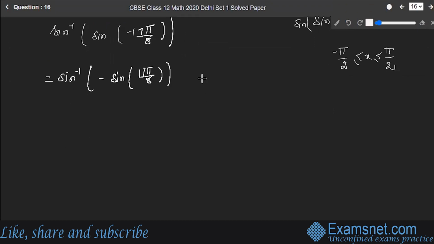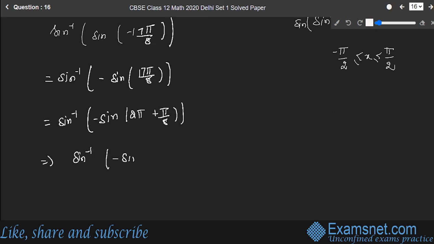This can be written as sine inverse minus sine 2 pi plus pi by 8, right? You know, sine 2 pi plus something is equal to sine of that angle. So this gives you sine pi by 8, correct?